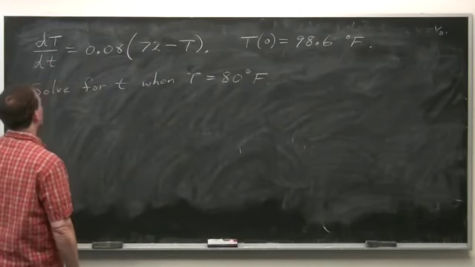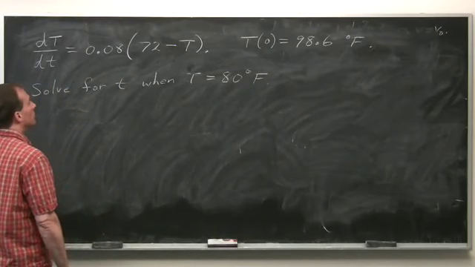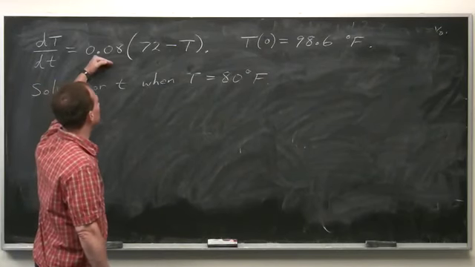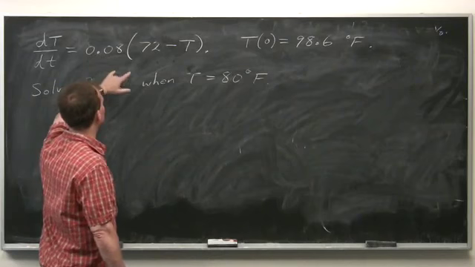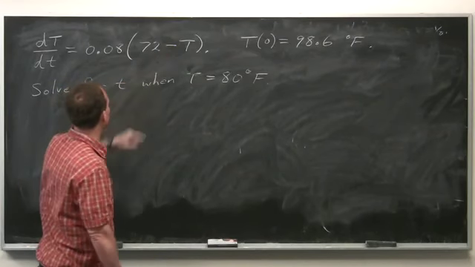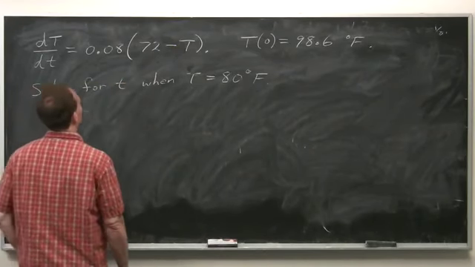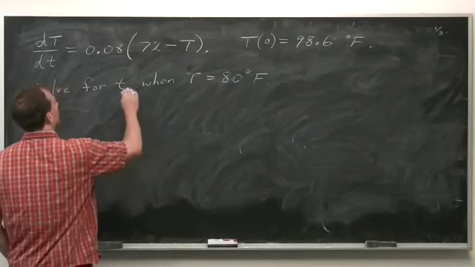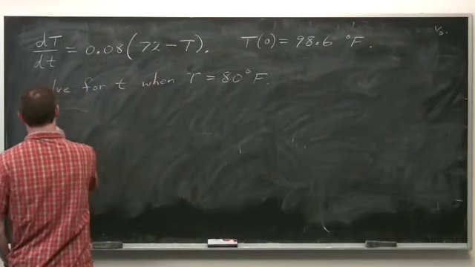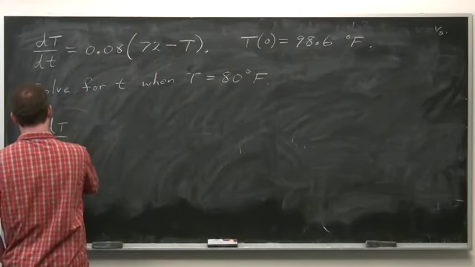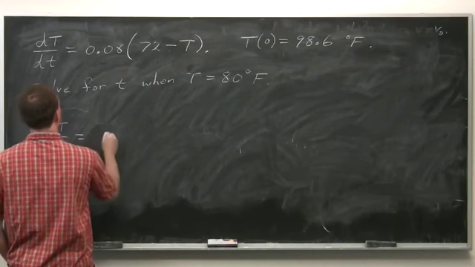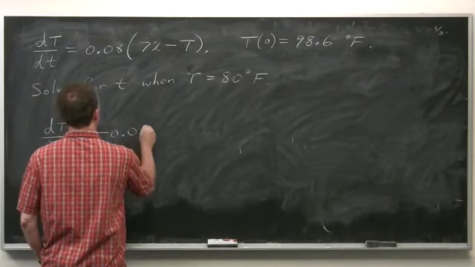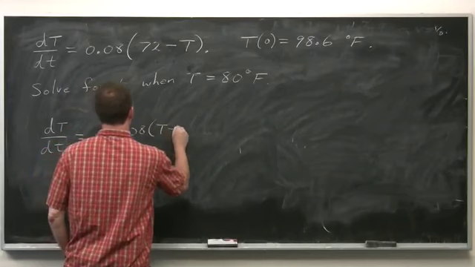Okay, so this is separable. You can divide both sides. In fact, I'll factor out a minus just because I can, so let's write this as dT/dt equals negative 0.08 times T minus 72.